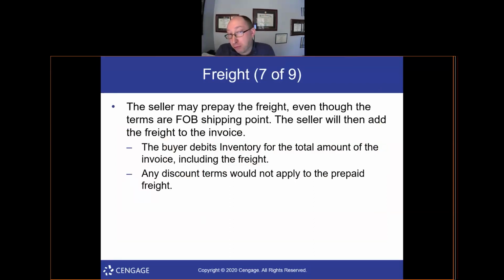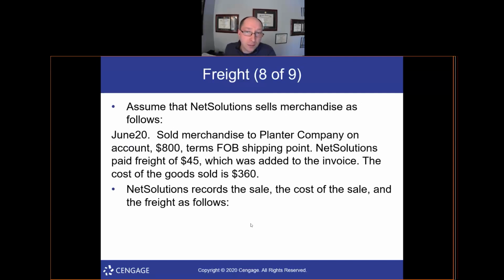Sometimes the seller will prepay freight, meaning that they'll pay for it before it actually gets shipped, right? The seller will then add freight to the invoice. The buyer debits inventory, credit freight. We'll talk more about that.